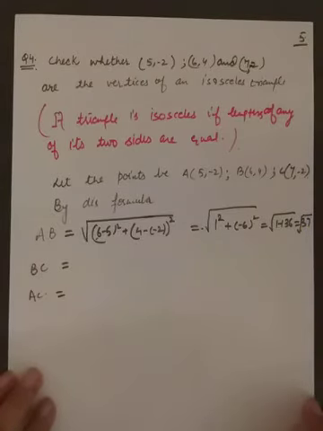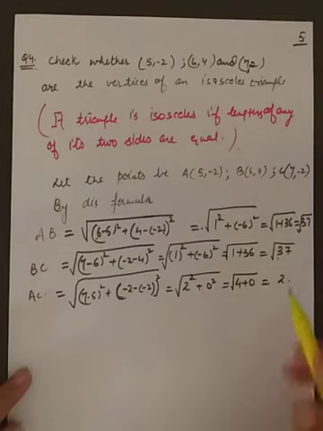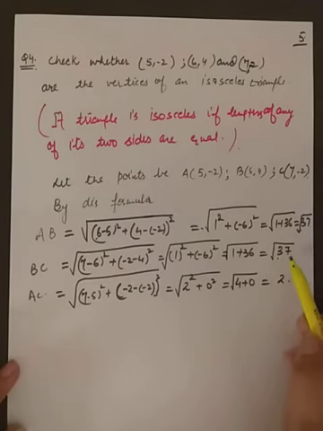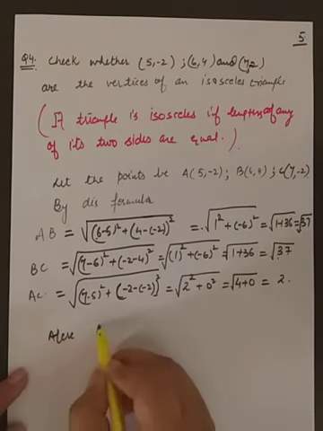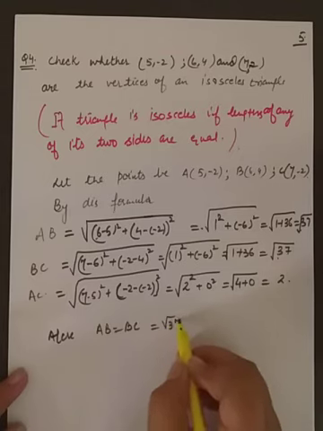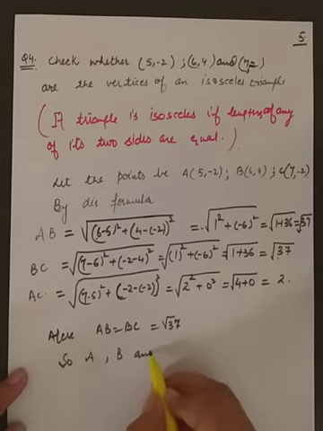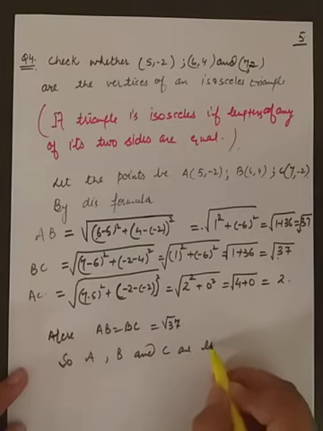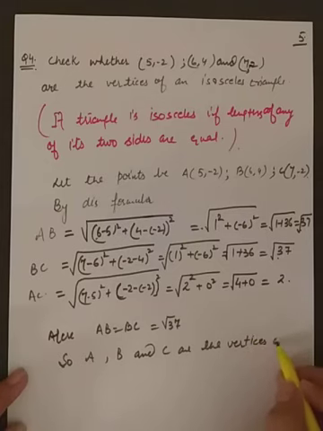Similarly, we will find the second length BC and third length AC. Here we see that distance AB is root 37, BC is root 37 and distance AC is 2. Here AB is equal to BC is equal to root 37. So, A, B and C are the vertices of an isosceles triangle.